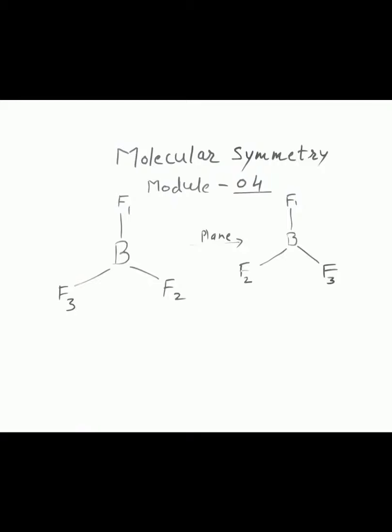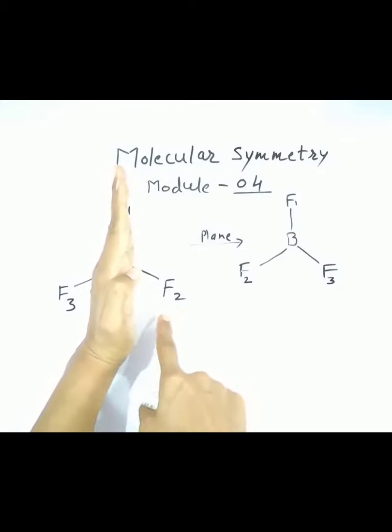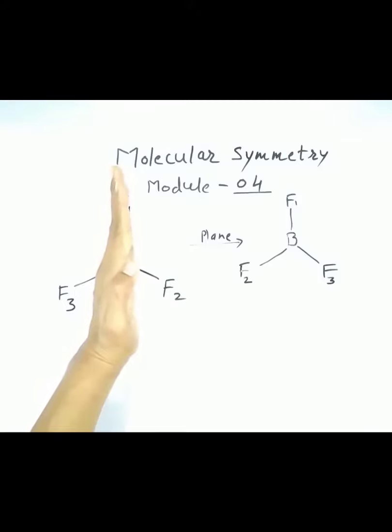When you pass the plane from here, these two atoms will remain at their place, and the image of this atom will appear here, and the image of this fluorine will appear here. Means, as I have told you already, you will get mirror images of each other.